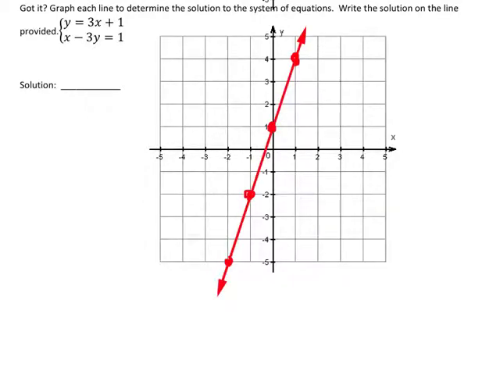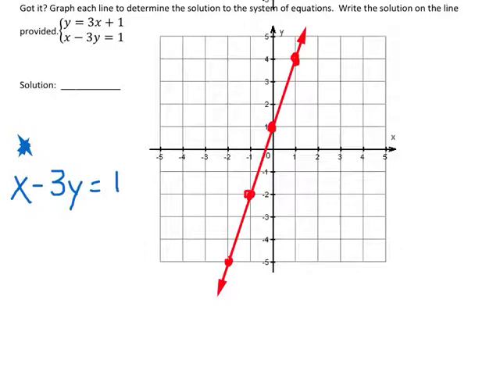And now I'm going to graph the second equation, but the second equation is not in slope-intercept form, so I'm going to do a little bit of work to get it into slope-intercept form. We have x minus 3y equals 1.